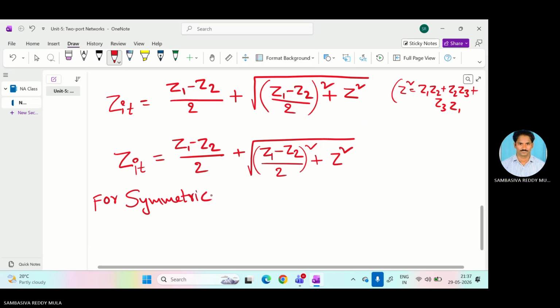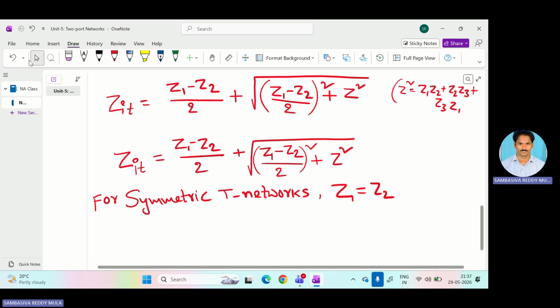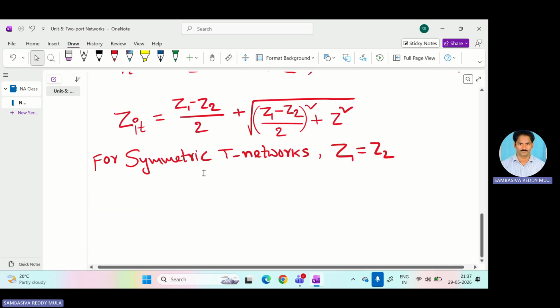So if Z1 equal to Z2, this Z1 minus Z2 becomes 0. So we get ZIT is equal to square root of Z square.